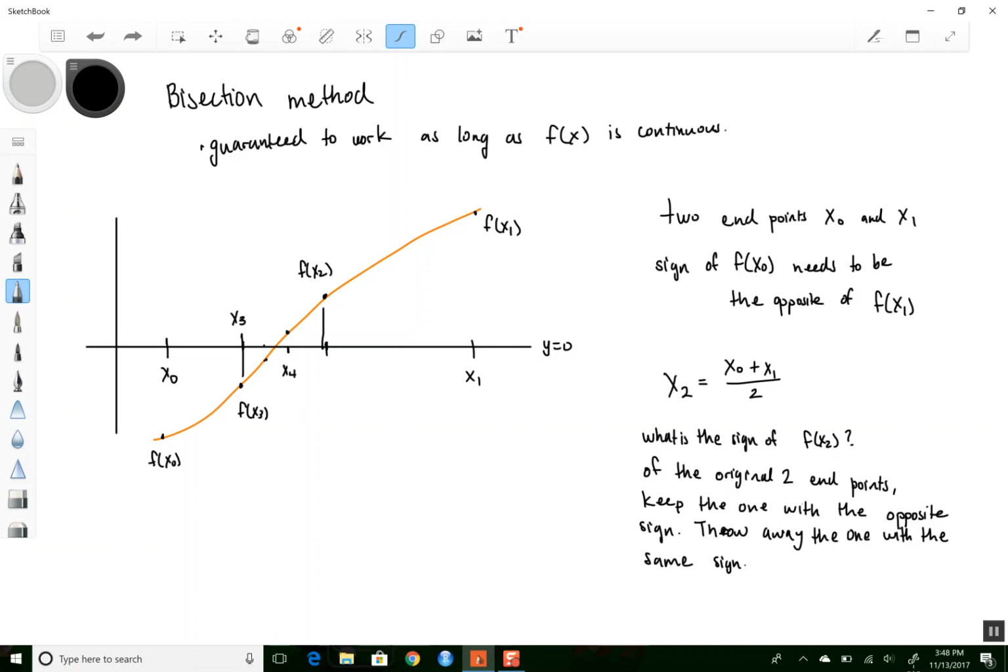Okay, and then coding this up, basically you start off with two initial starting points.